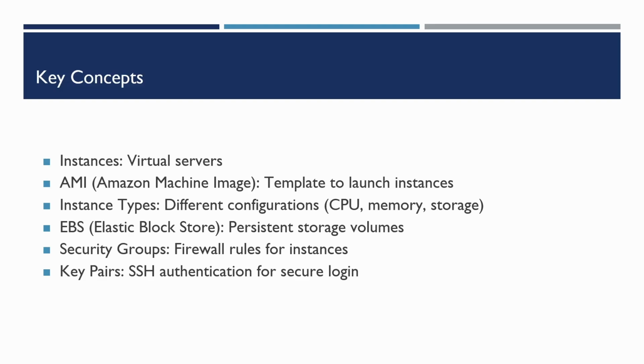So what AWS has done is they have created a lot of instance types. We also call them flavors. The different instance types are created, like for example T2 micro, T2 nano, and so on.